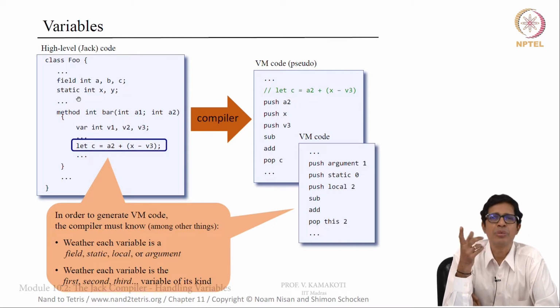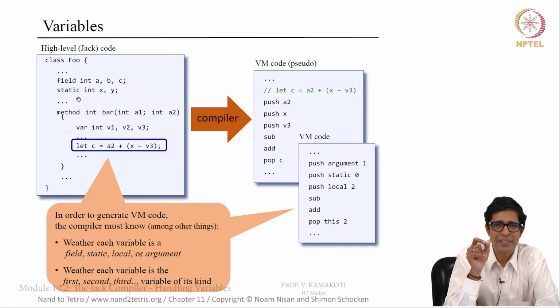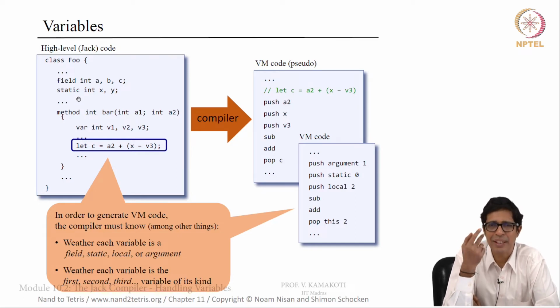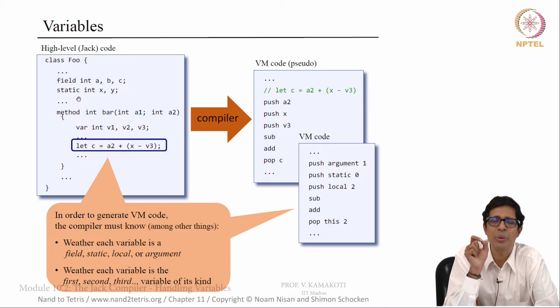For that object, all the field variables will have some locations created, in consecutive locations, and the starting address of where that object is stored is in the this segment. The this segment, which we have seen, stores the starting address of where the values of the variables are stored in memory for the current object.